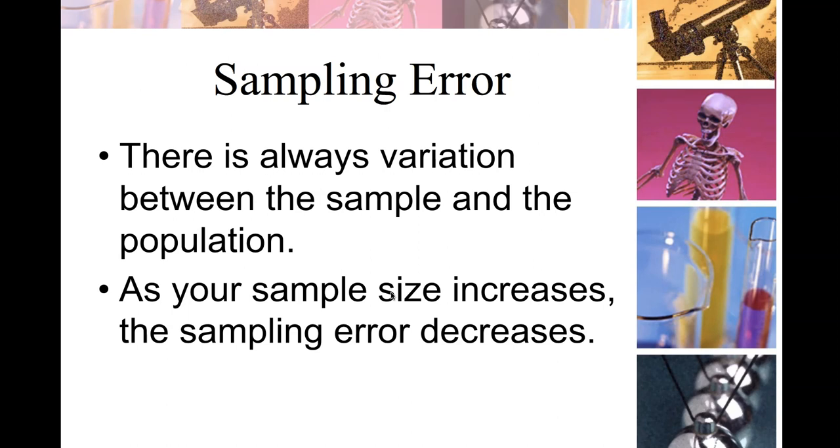So let's say in my next study I get 100 kids who have childhood apraxia of speech. My sampling error will be less because my sample is going to be more like the whole population with 100 kids in it than it was with 20. So sampling error is about the fact that your sample is kind of like the population, but we know that it's not the population, and we know there's going to be some error.